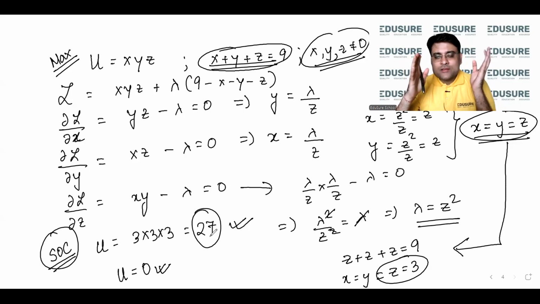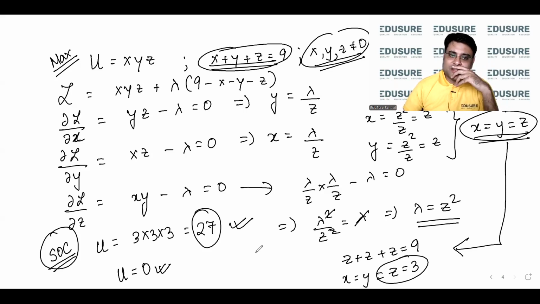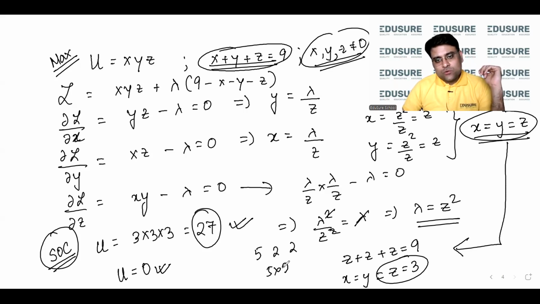You have understood that x into y into z will obviously be maximum when all of them are equal, when x plus y plus z is equal to some constant value, right? अगर वो equal नहीं है, you will get lower values. You can take different values and check. So if I consider 5, 2, 2, 5 into 2 into 2 is giving me only 20, जबकि यहाँ पर क्या था, 27 था.